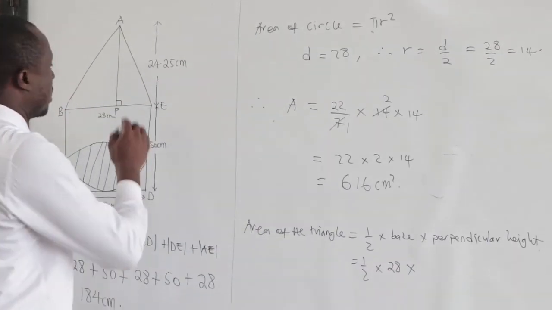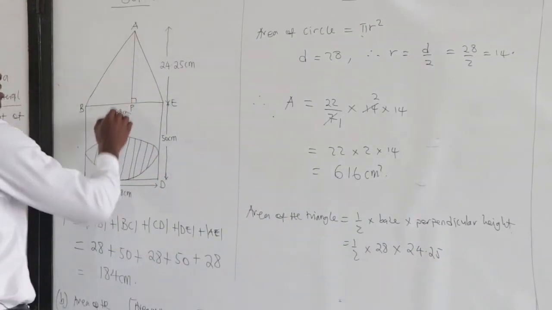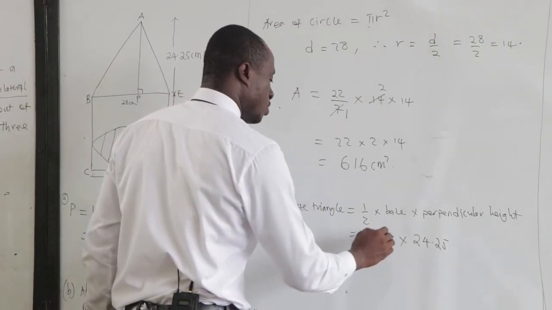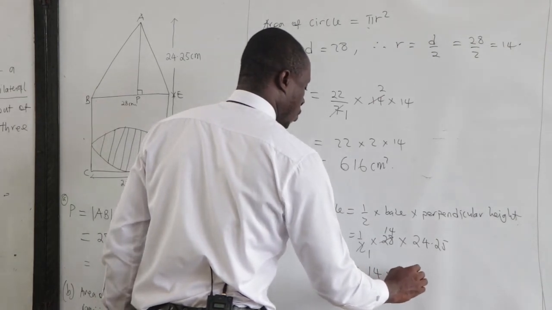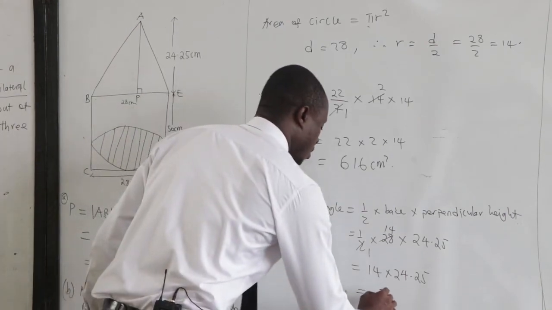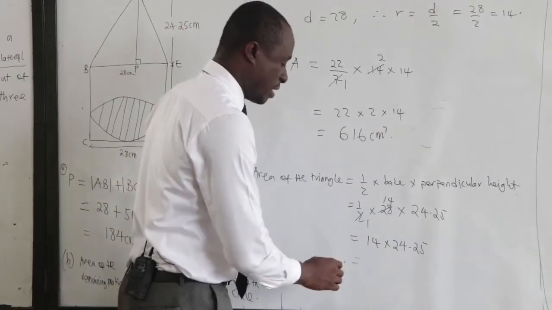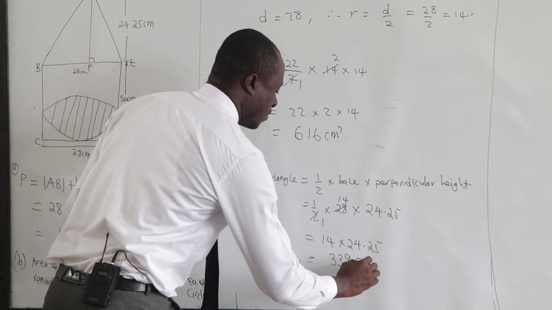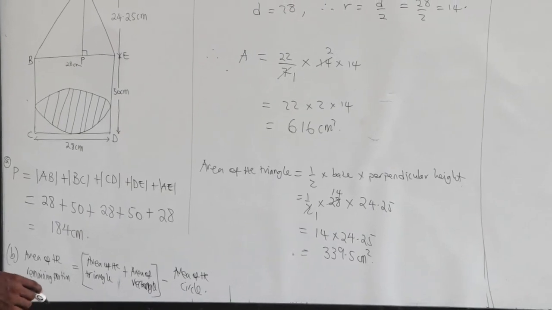And the height is 24.25. 2 goes into 28 fourteen times, so I get 14 times 24.25. When you multiply this out, you are going to get 339.5 centimeter squared. That is the area of the triangle.